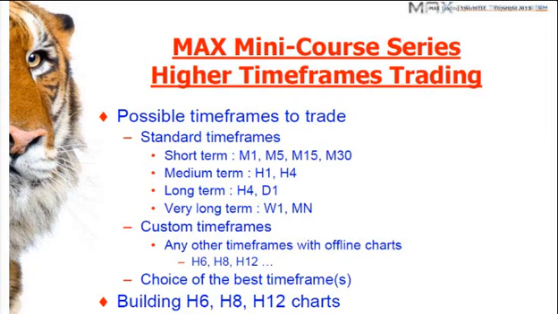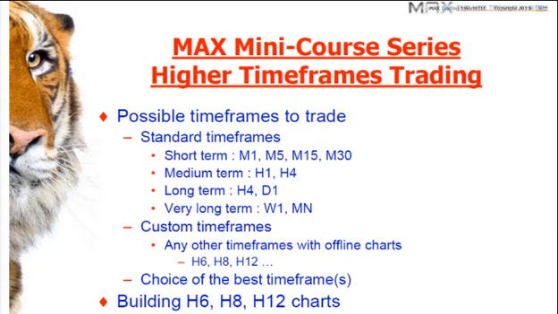can classify them in a different way: short term, medium term, long term, very long term. For example, if we consider short term trading, and this has nothing to do with the fact that we are trend followers, the short-term trading will consider using the 1 minute time frame, the 5 minute, the 15 minute, or the 30-minute time frame.